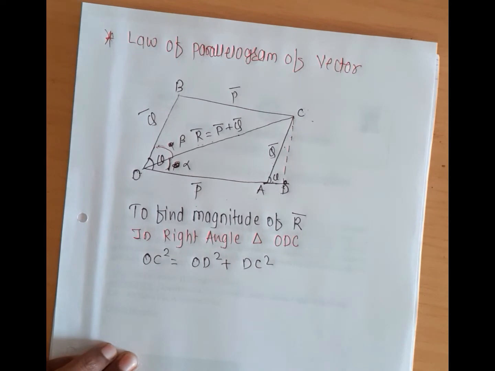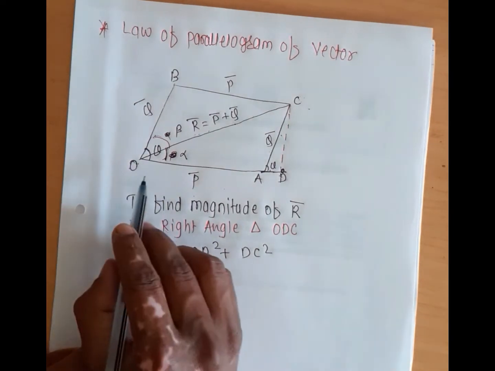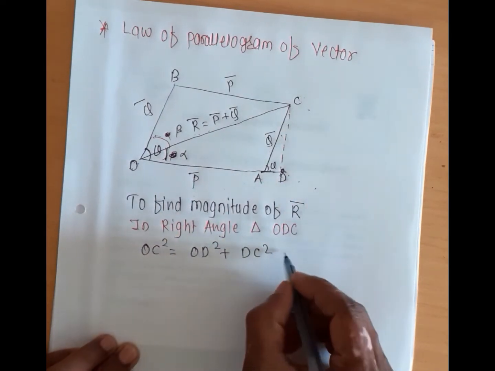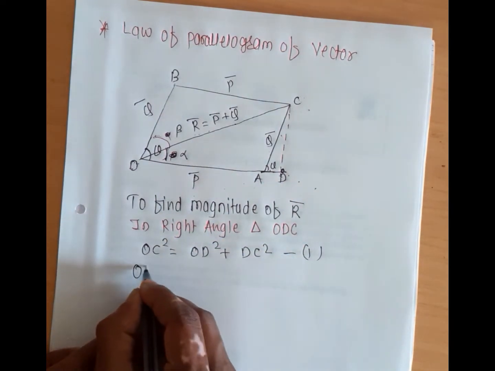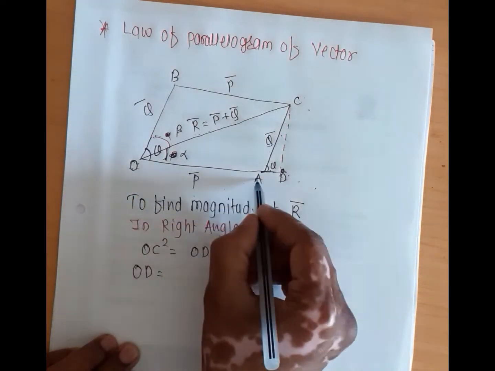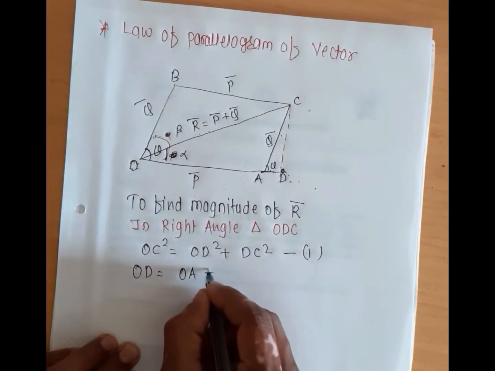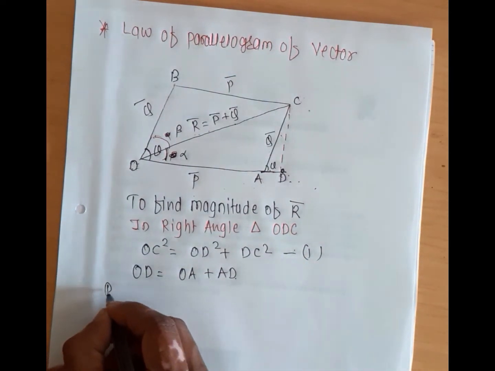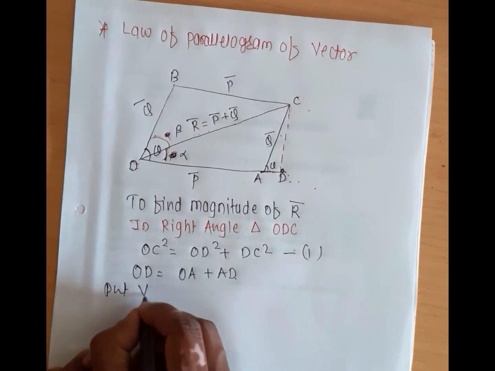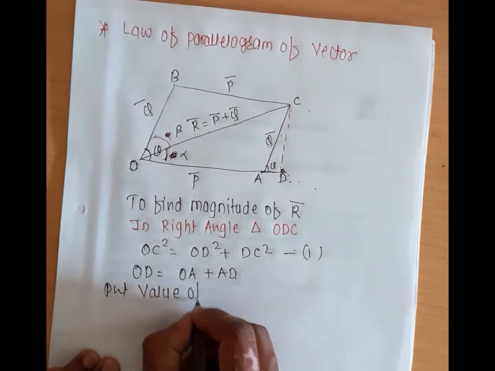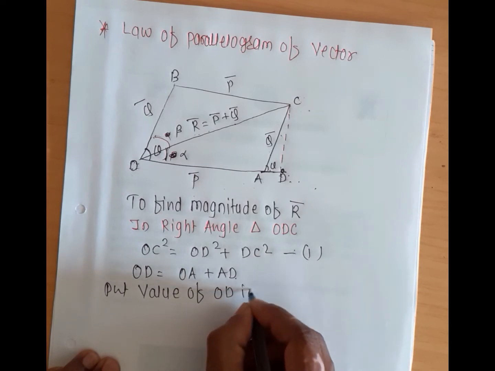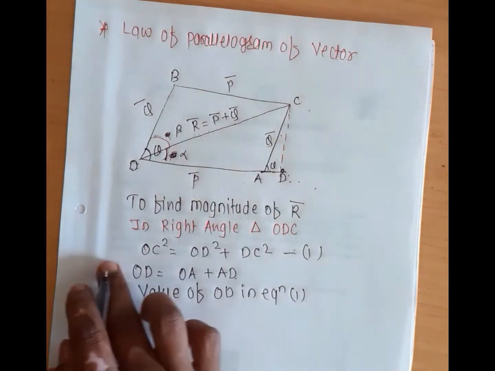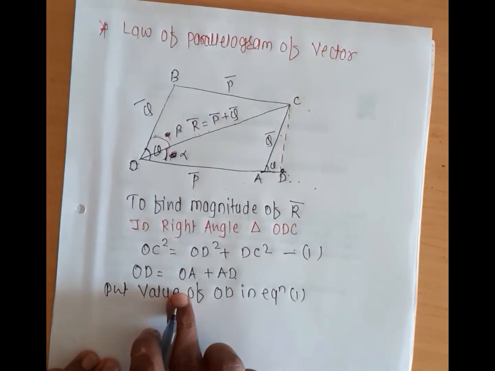After that, now OD is what? OD is extended. OD is OA plus AD. So this is equation number 1. Now OD is equal to OA plus AD. Now put the value of OD in equation number 1.